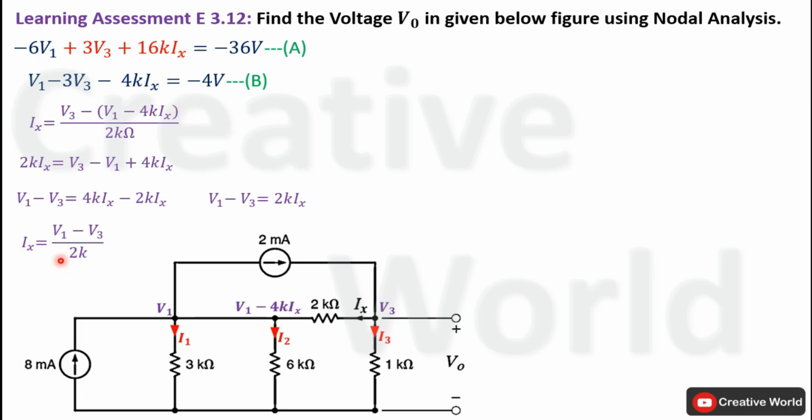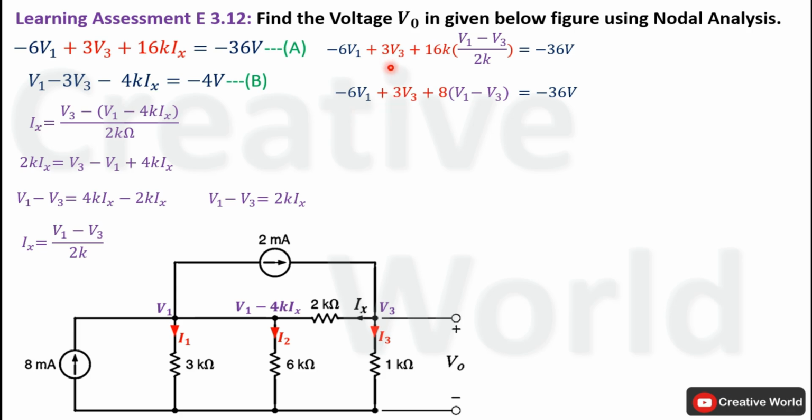First of all, we will place this value in equation A. Ix is replaced with V1 minus V3 divided by 2K. Here the product of 16 kilo will cancel out with 2 kilo in denominator. The equation will become minus 6V1 plus 3V3 plus 8 into V1 minus V3 equal to minus 36 volt. Now open these brackets, multiply 8 with variables inside the brackets.